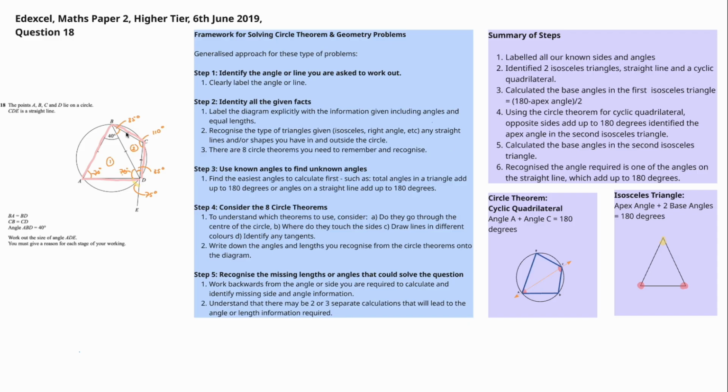And that then allowed us to work out the base angles of the second isosceles triangle, where we did 180 minus 110 divided by 2, which gave us these two angles here, 35 degrees. Knowing that this is a straight line, the line EDC, we could then work out from 180 degrees, take away the separate angles we worked out from the two triangles to finally get our answer for ADE of 75 degrees.